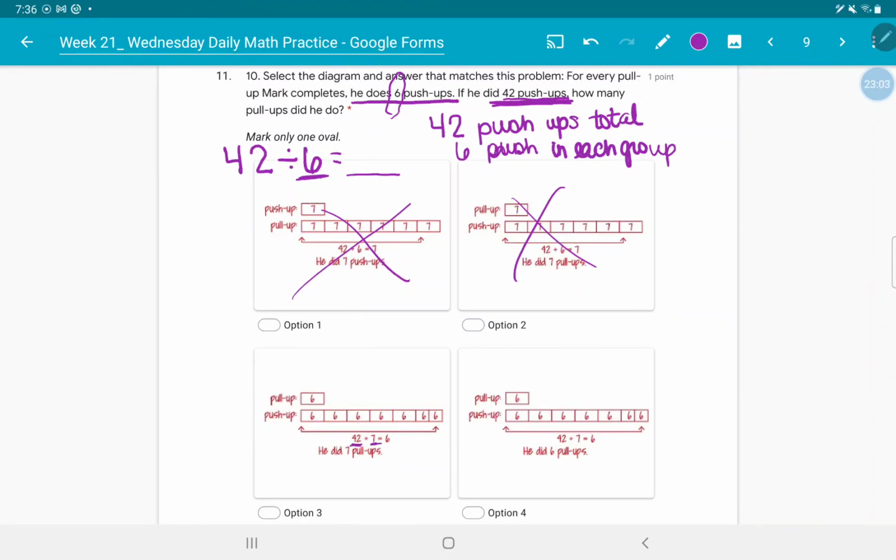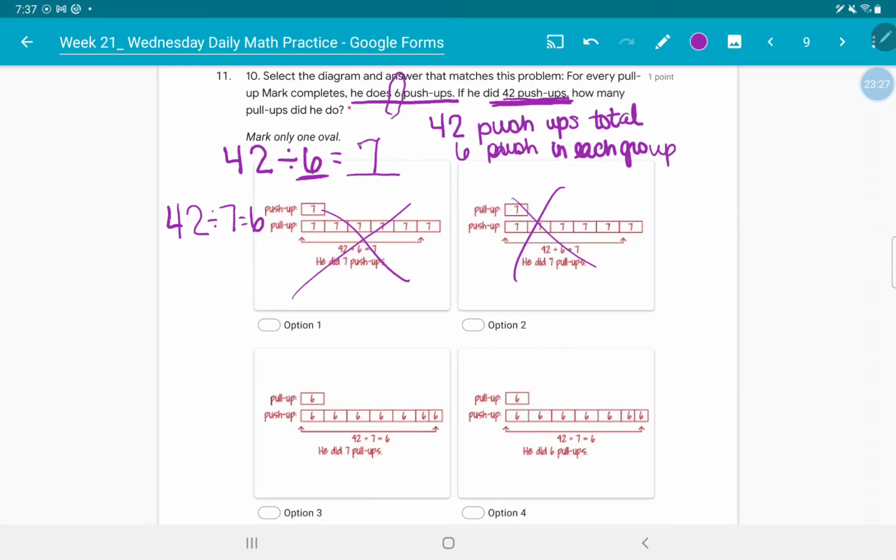So 42 divided by 6 is going to equal 7. And then we could also flip that around. 42 divided by 7 equals 6.